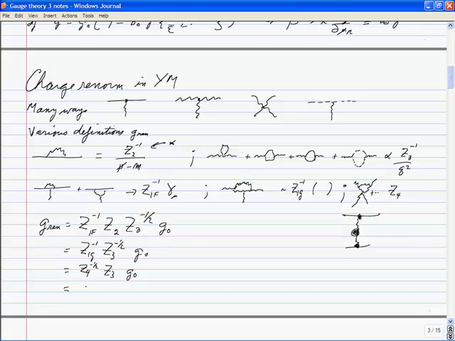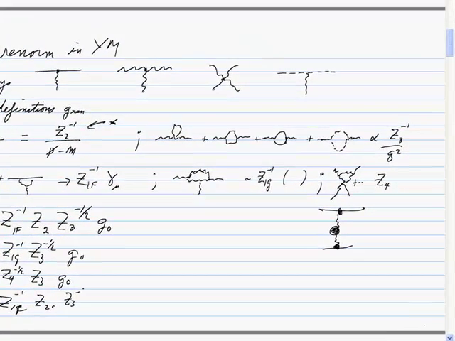And if I use the ghost, there's a Z1 ghost. Let's make it C because G is already taken. Minus 1, Z2, Z3 to the minus 1/2 G0. Okay, so we have all these definitions, and they better all give the same result.